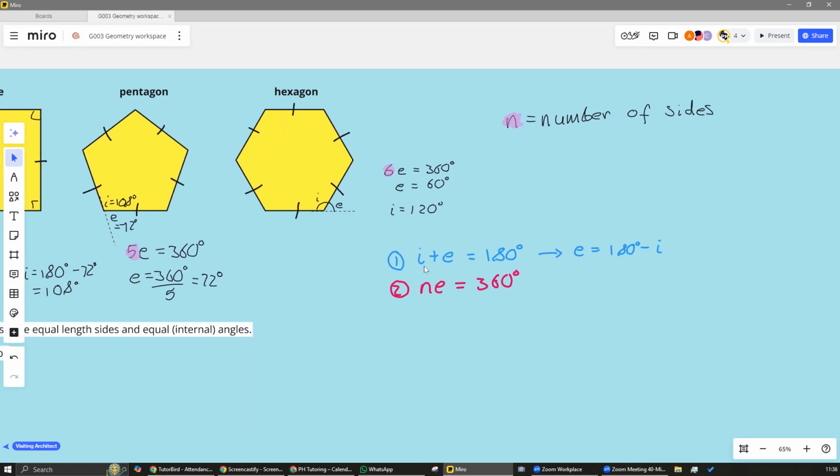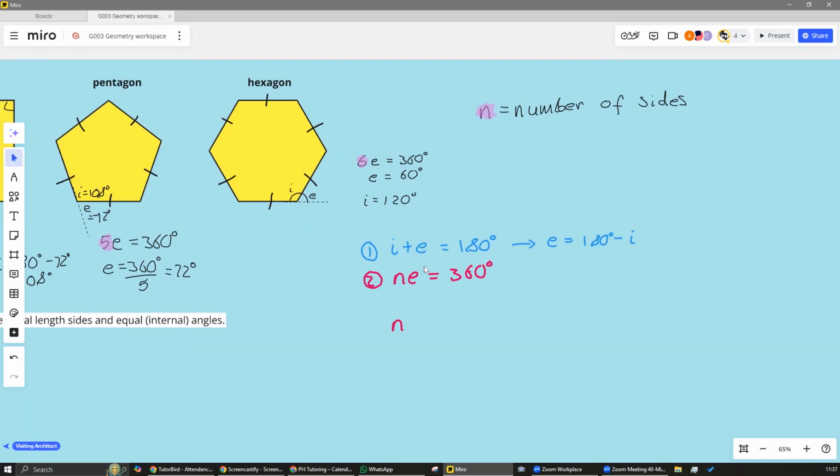This bit's a bit more advanced, so even if you don't follow all of this, it's okay because you can just do it the way that we did it earlier on. But if you can follow this, then it's going to make things a little bit easier for you. So instead of doing n times E, in place of E, I'm going to write what E is equal to, which is 180 minus I. And then I'm just going to put that in brackets. And I'm going to say that's equal to 360 degrees.